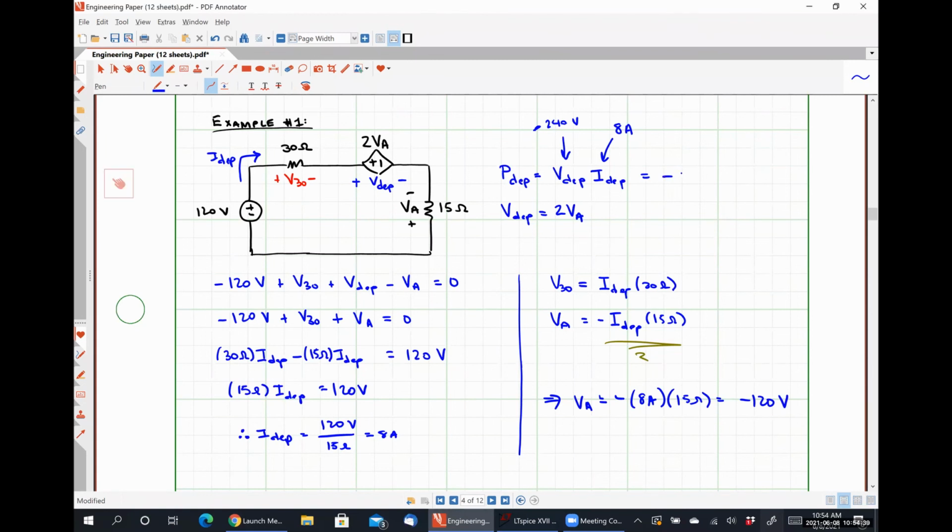Negative 1,920 watts. So this is the power absorbed by my dependent source. So somebody tell me what the power supplied by my dependent source is.